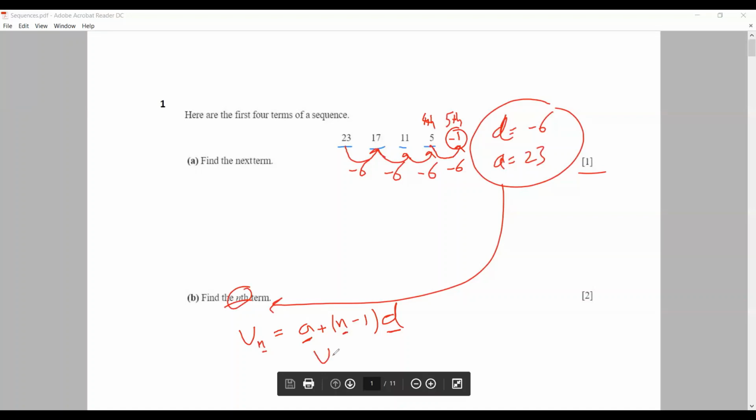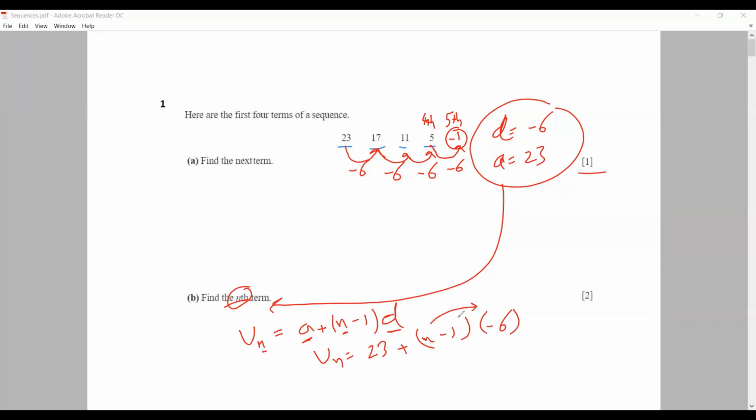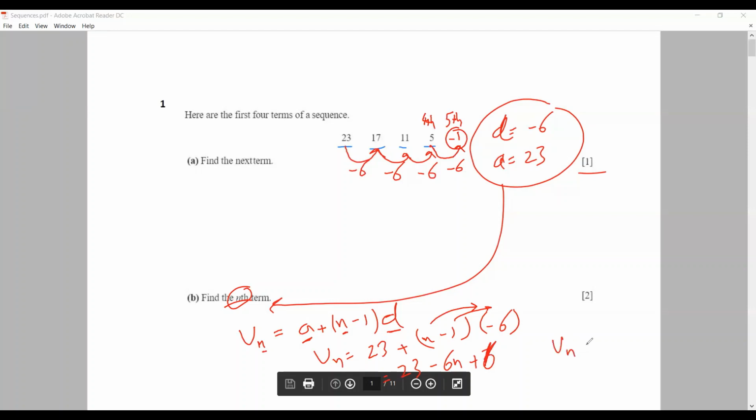So knowing that, I just substitute these values, which I got from part A: n minus 1 times -6. So don't forget to open this bracket. That simplifies further to -6n plus 6, and eventually we get -6n plus 29. Okay, that's just an easy question.